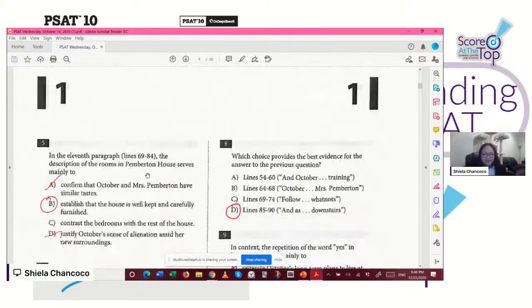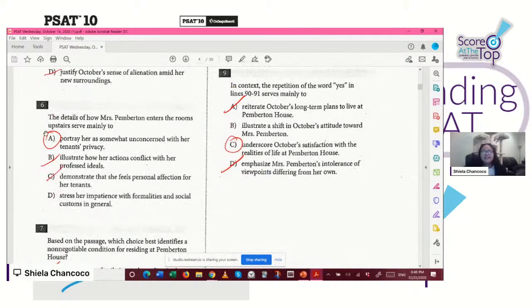So from here you can see that the best answer is A, portrayed her somewhat unconcerned with her tenants' privacy. She had no qualms about barging in there no matter what, right? She even said certain things like the girls can't smoke, all these rules of the house. So to me, she was very unconcerned.